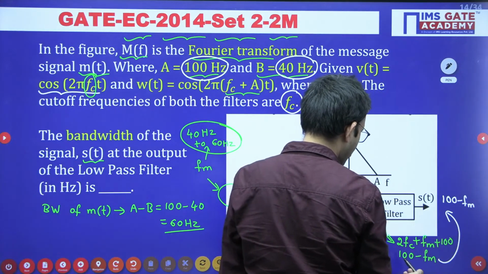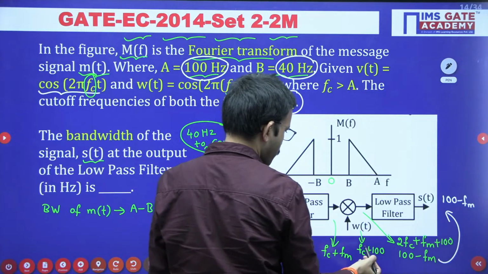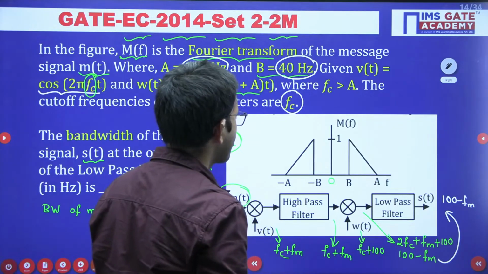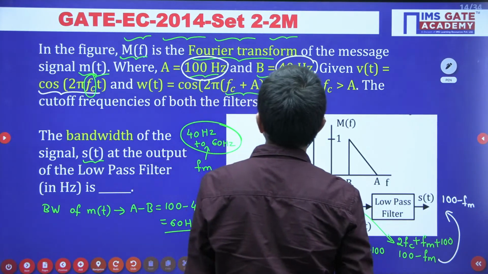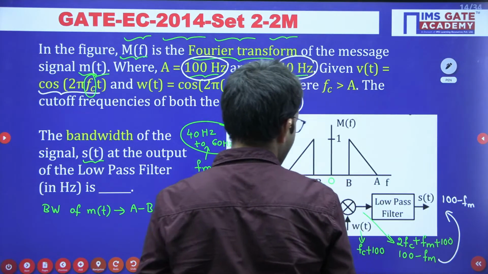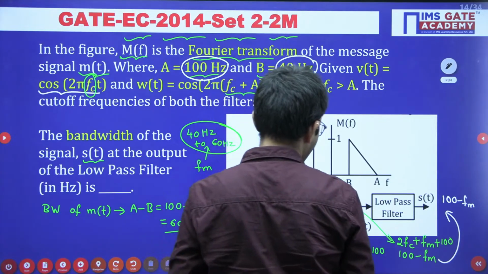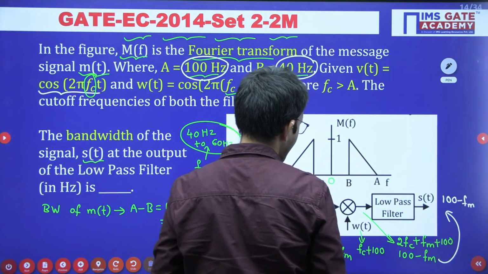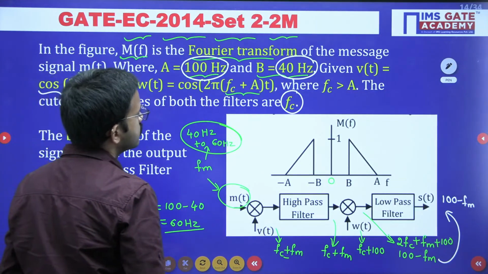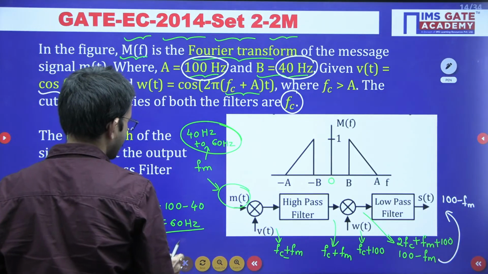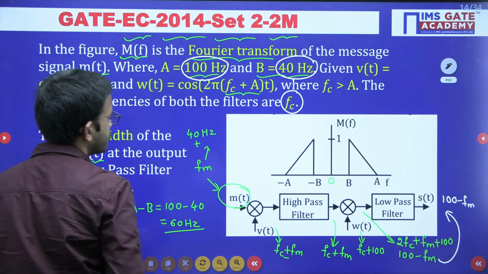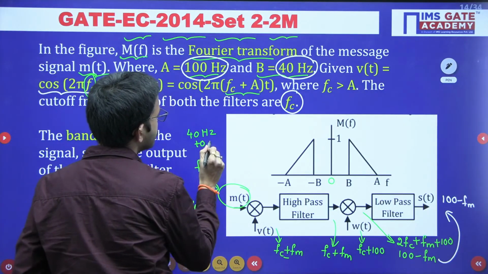Sorry, here when you are subtracting, FC will get cancelled and, just one second, here 40 Hz to 100 Hz.